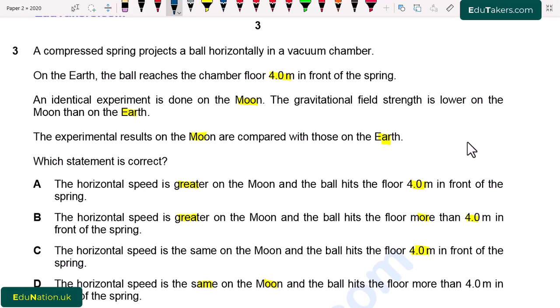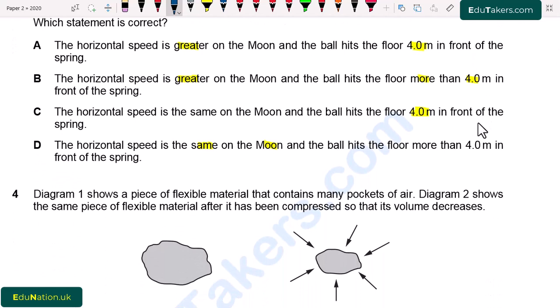So the ball will travel a larger distance as compared to the earth, which means the ball hits the floor more than 4.0 meter in front of the spring, and the horizontal speed is the same on the moon and on the earth because it is independent of the value of g. So here option D is correct.